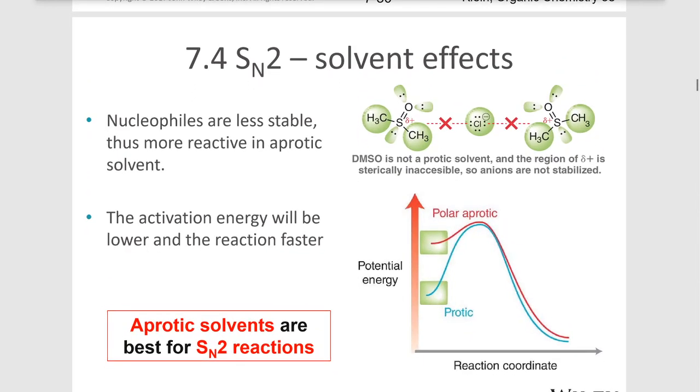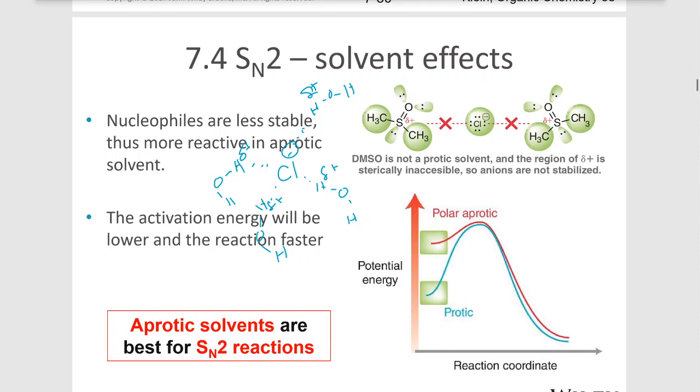So if you had, let's say, a chloride ion, and you put that in water, then the water is going to hydrogen bond or form an ion-dipole bond with that chloride, because the water's got this partial positive here, and that partial positive is very good at stabilizing the negative charge.